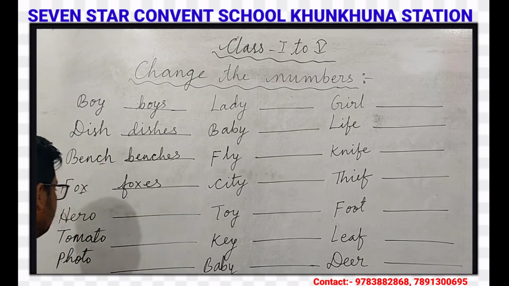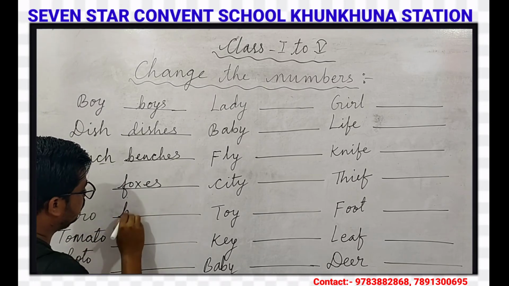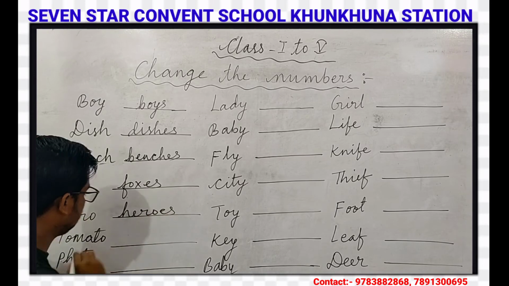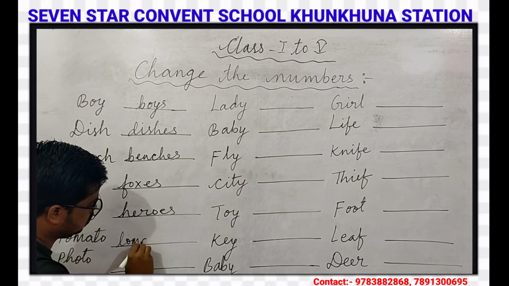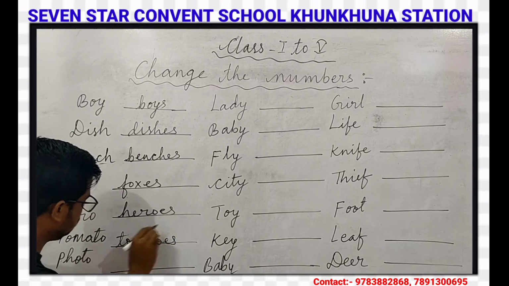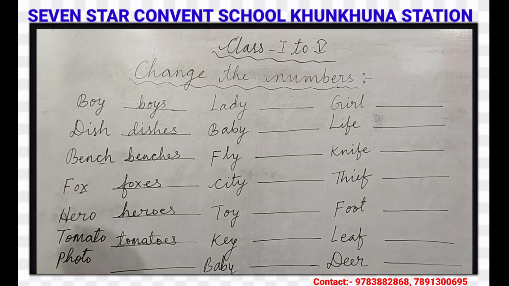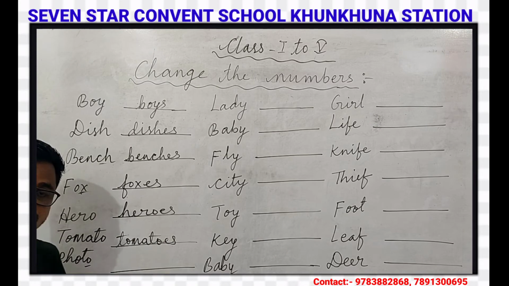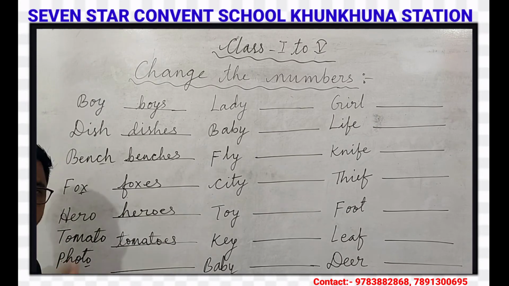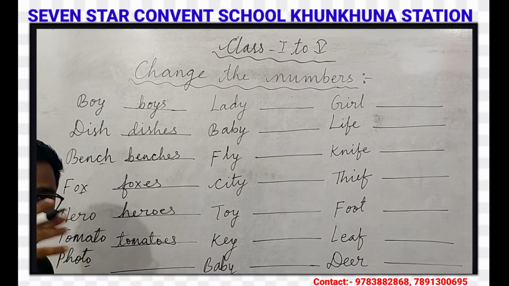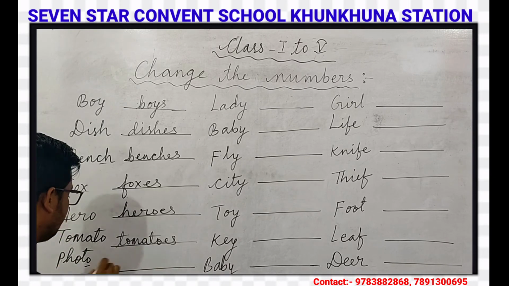So here hero will become heroes, tomato will become tomatoes. Here, photo. Its last letter is also o, but here we will just add s to make it plural.